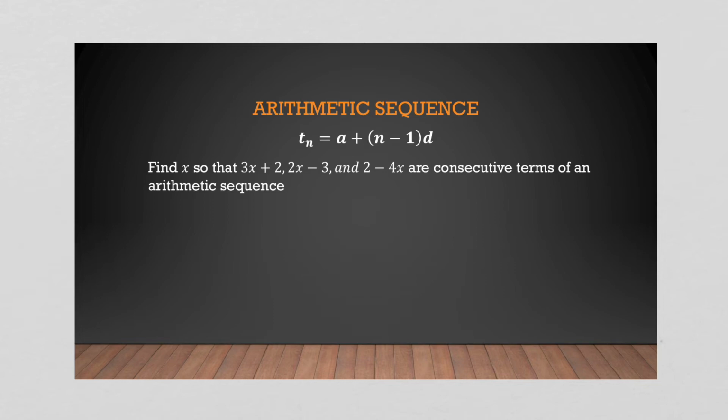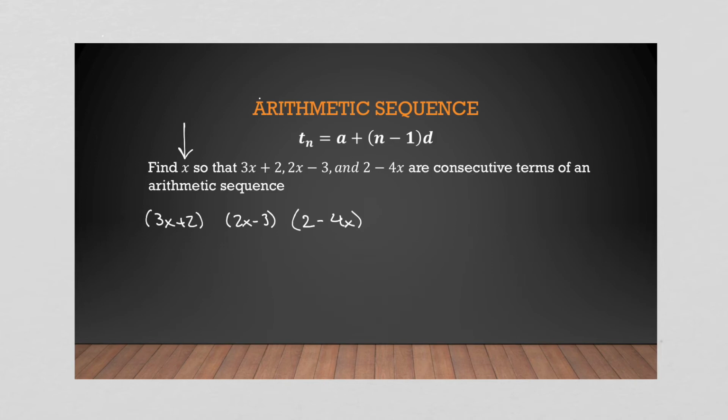Now in this case, the goal is to figure out what x is so that 3x plus 2 is a term, followed by 2x minus 3 as a term, followed by 2 minus 4x as a term. So you put brackets around them to sort of track that they are terms themselves. And let's start by figuring out the difference.